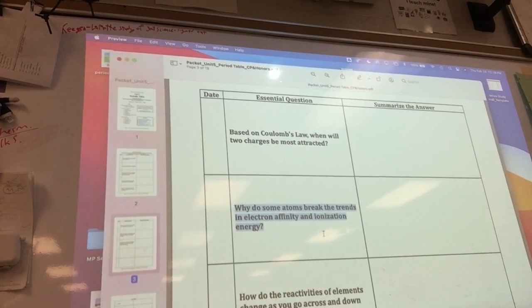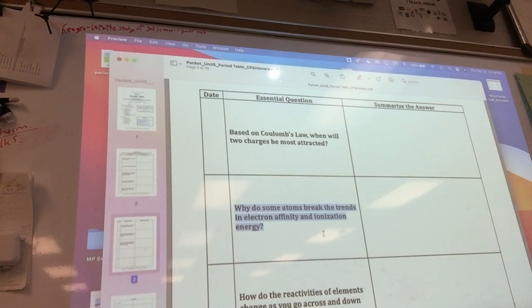All right, back as a whole group. Number 11. Alex, what are you adding to your answer from the other day? Why do some atoms break ionization energy trends? What might make it easier to rip off an electron than what you might originally predict? Say that one more time.